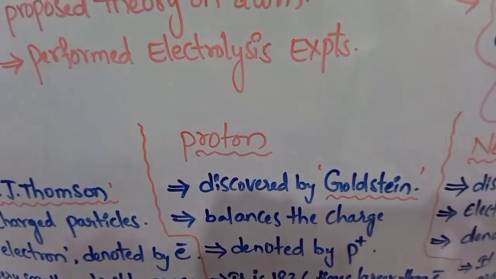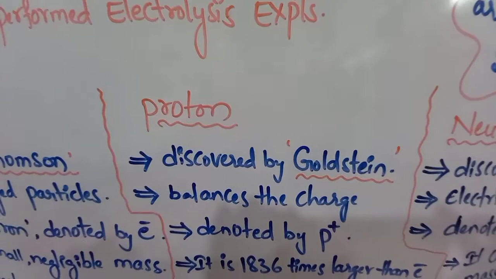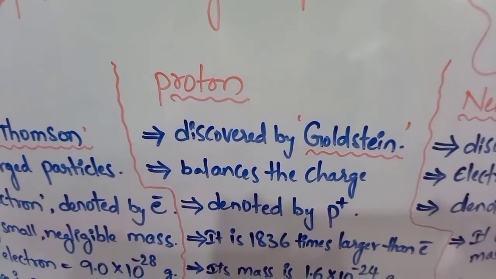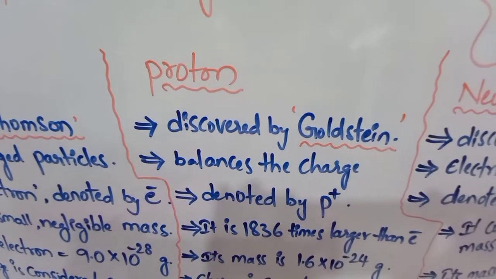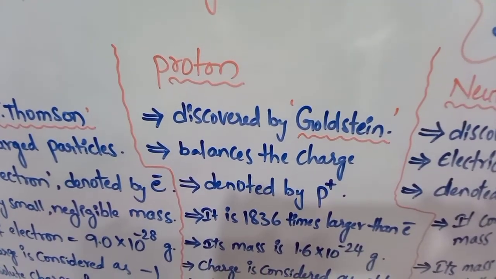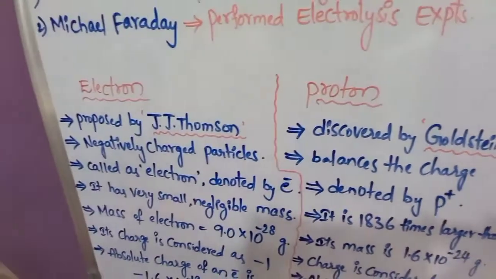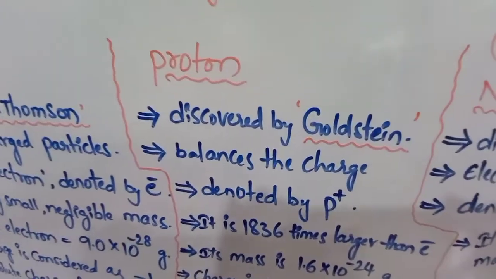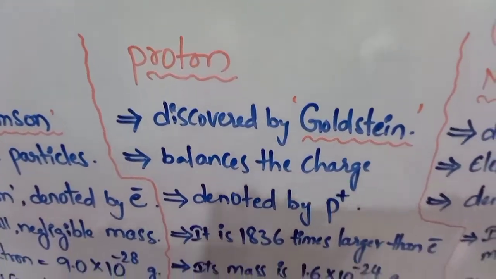These protons were discovered by Goldstein, the German physicist. Protons balance the charge of an atom by existing in a number equal to that of the electrons. That means in a neutral atom, the number of protons is equal to the number of electrons. Then only the atom becomes electrically neutral.